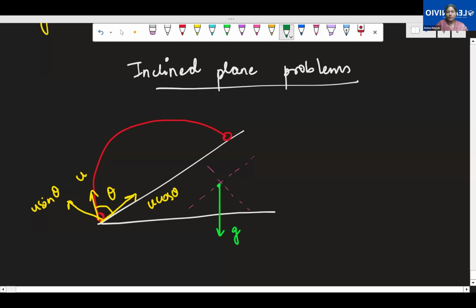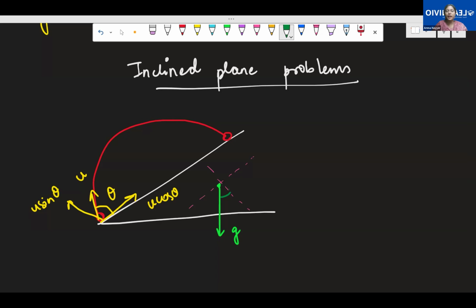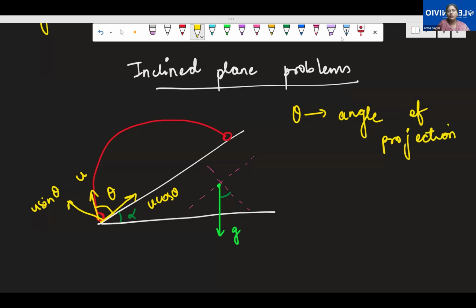Whatever is the angle of inclination, let's say this angle, because the theta I've already chosen for the angle of projection, for the angle of inclination I'll write alpha. So I'll make this clear here that theta is the angle of projection while alpha is the angle of inclination.